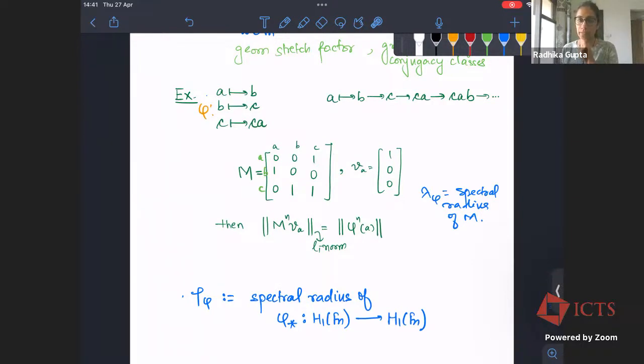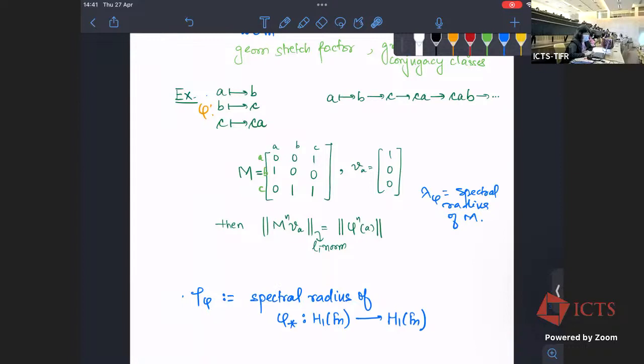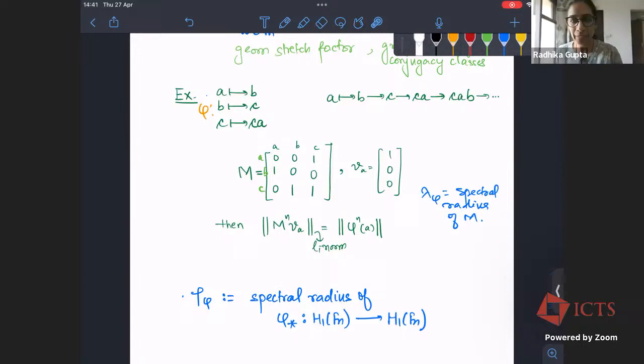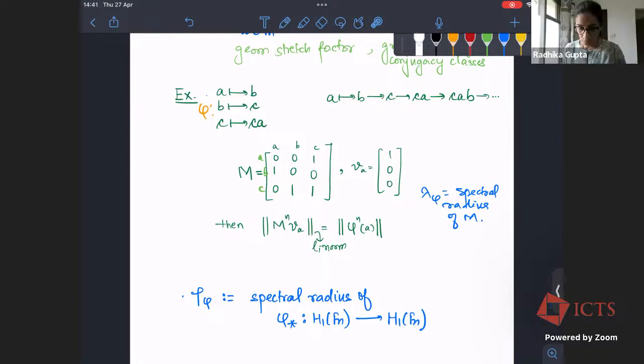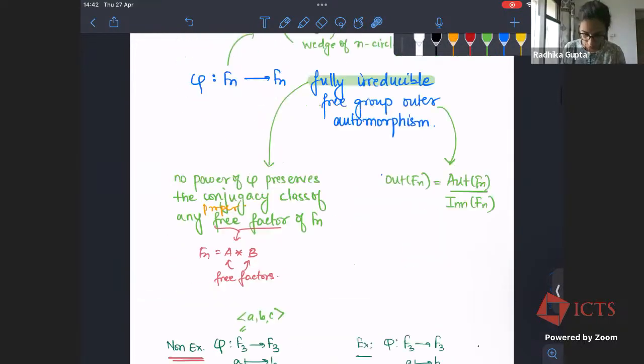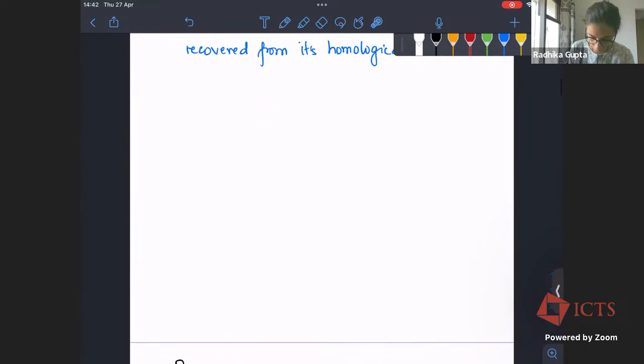Yeah. So is there any count on how many outer automorphisms you'll get for free groups? Can you ask the question again? How many outer automorphisms can you get? I mean, uncountably many or countably many? So the group of, let me write here.